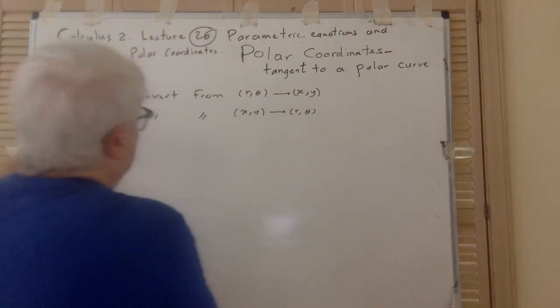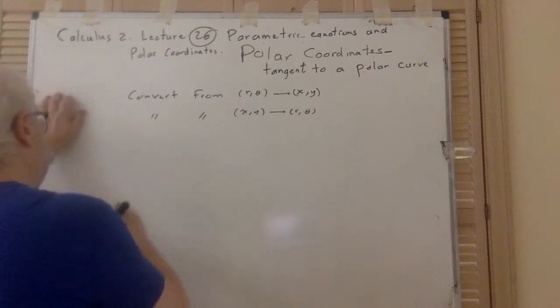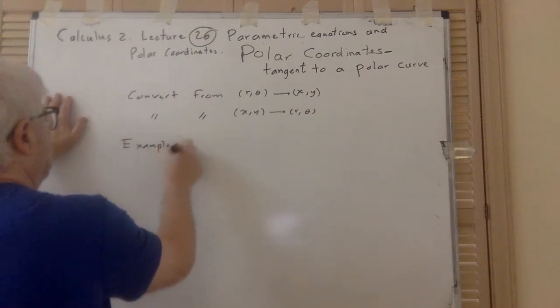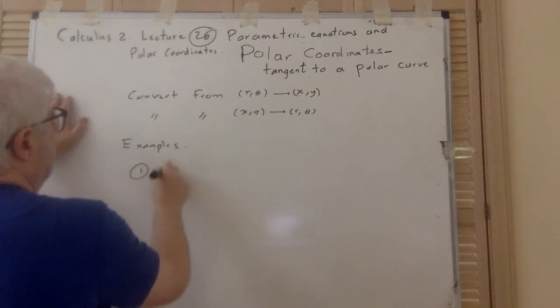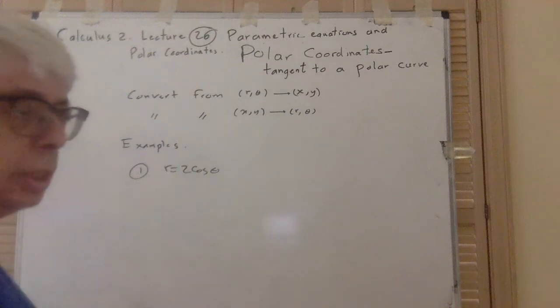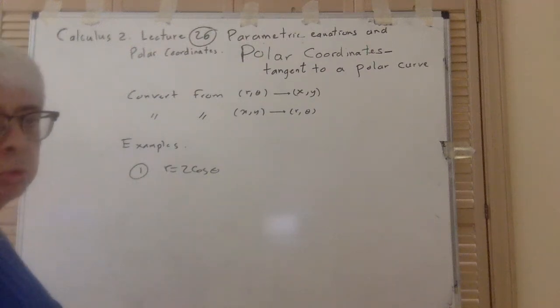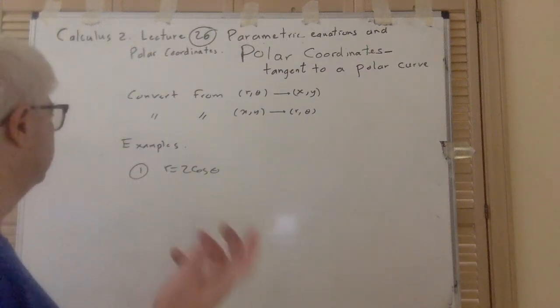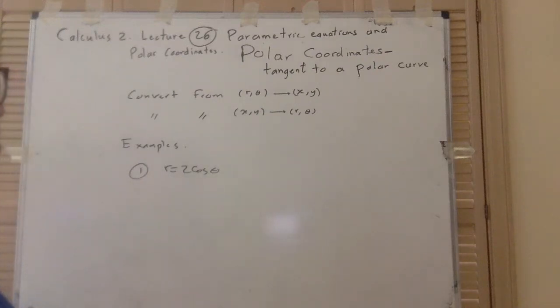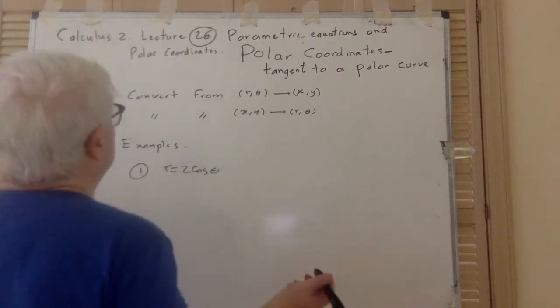So if I have, say, examples, let's take r equals 2 cosine theta. For these examples, there is no general rule. It's just your expertise in dealing with formulas in trigonometry and algebra. So what can I do?